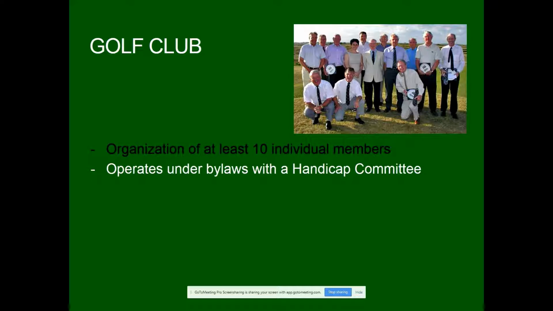What's important here is that at WSGA, Colin Westwood has done a lot of work to make sure that all proper paperwork is in place for each of our clubs. It is asked and demanded from the USGA as a responsibility that we have to the USGA as a WSGA from our association. And then we need to trickle that down to you guys, the clubs.